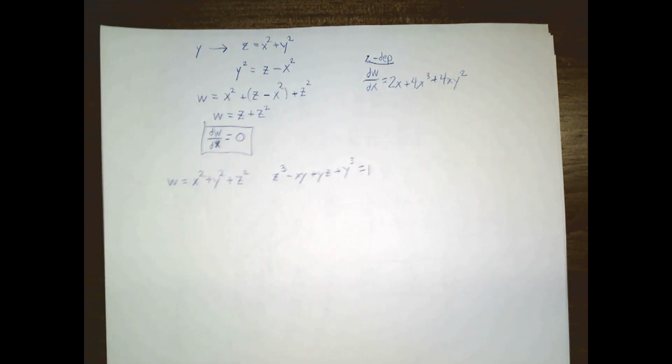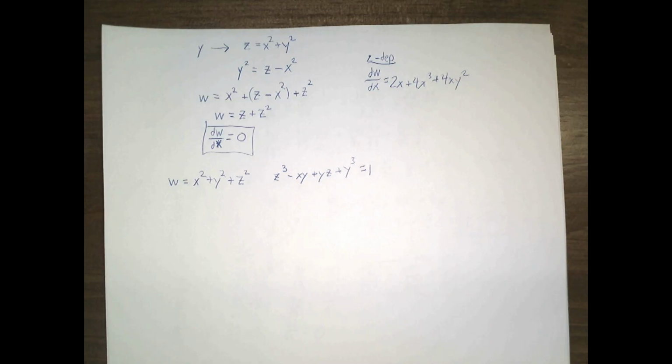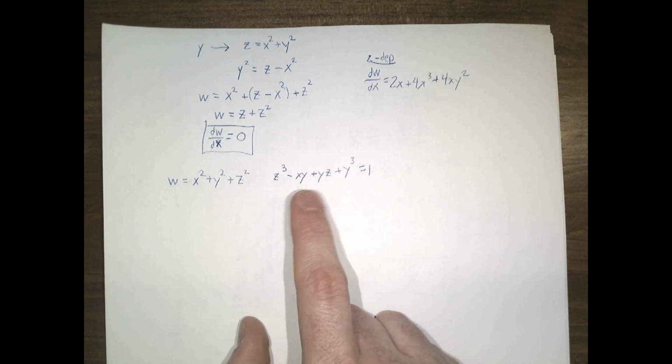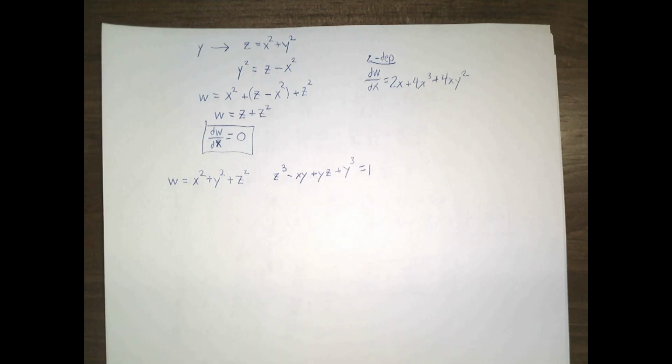It's a much more complicated looking constraint. Here, if I want to make something z dependent, it's much more difficult to solve for z or y under this thing. And so this is where our derivatives, our chain rule, becomes more useful.